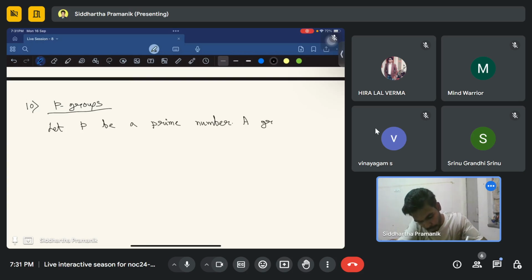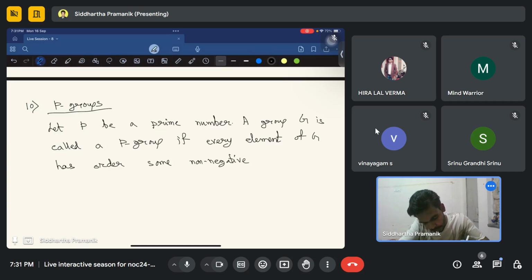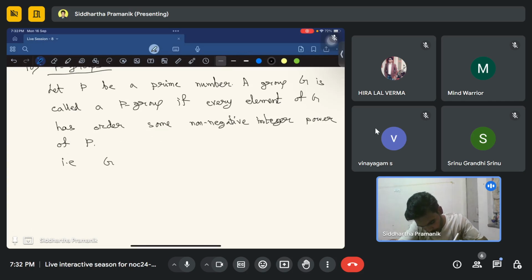Then a group G is called a p group if every element of G has order some non-negative integer power of p.